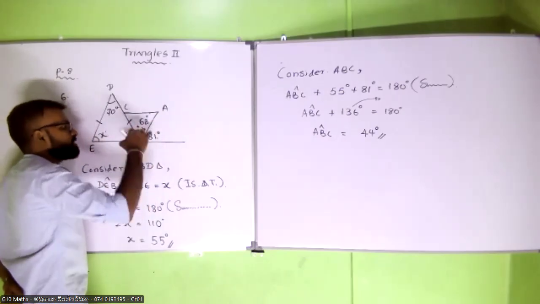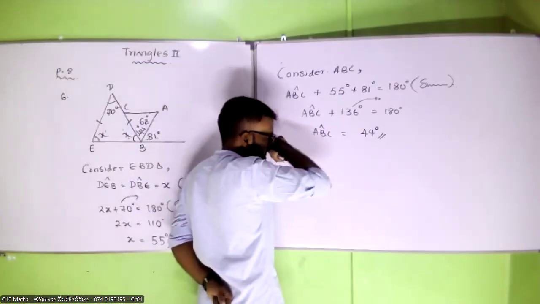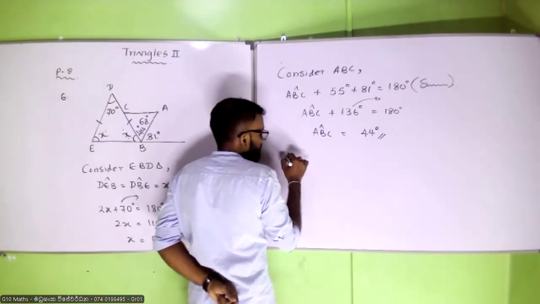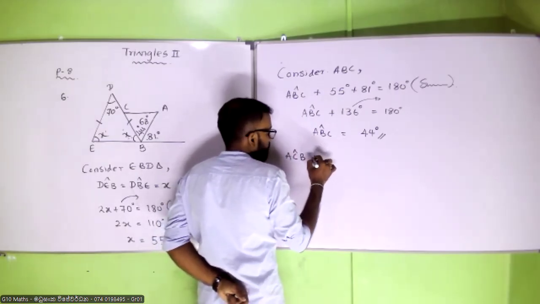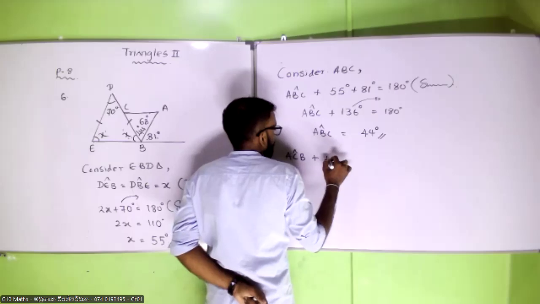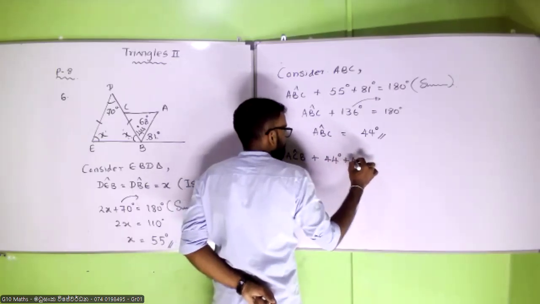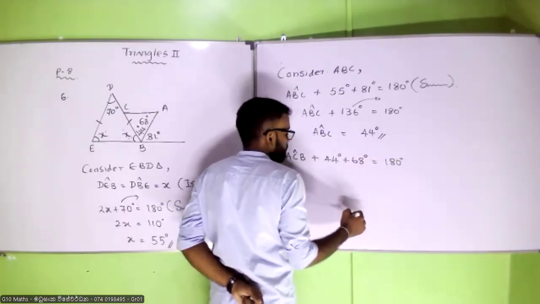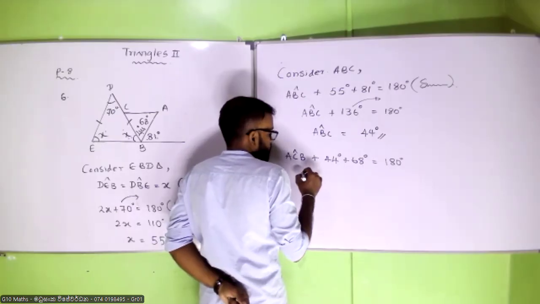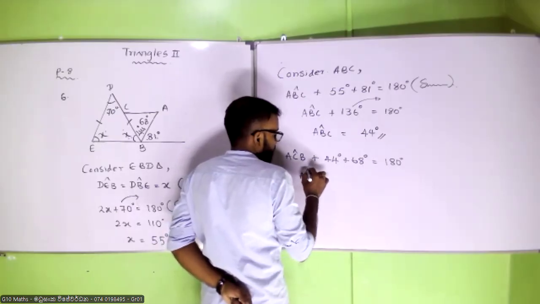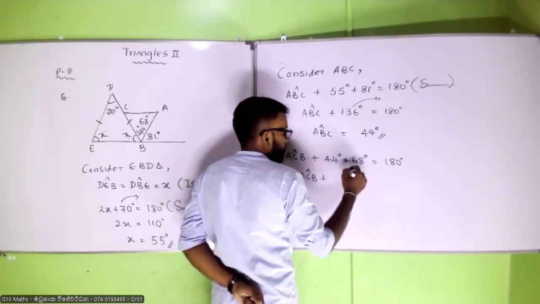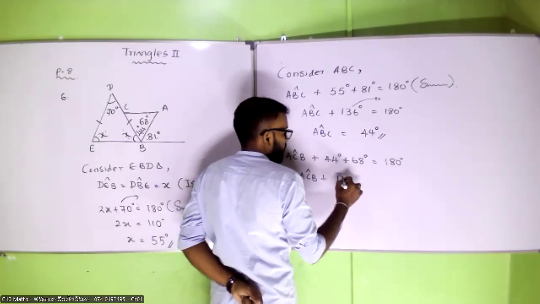So you can find ACB. Angle ACB plus 44 plus 68 equals 180 degrees. 44 plus 68, you get the summation, 112.